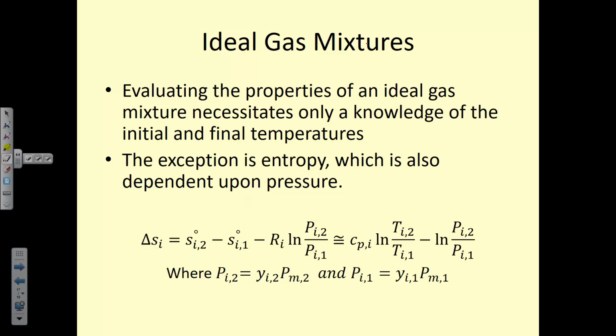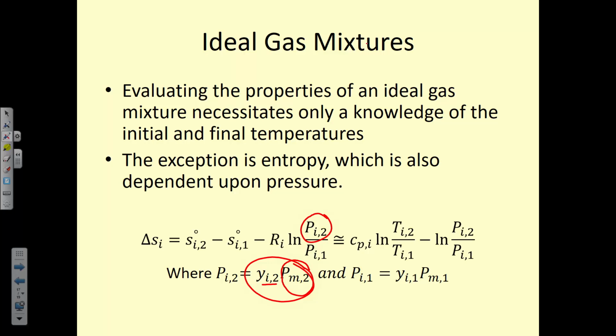But now we use these mass fraction like pressures. So the pressure of this individual gas is equivalent to the mass fraction of the contribution from this individual gas multiplied by the pressure of the total mixture. So if you're given individual pressures of your gases, then you can just plug that in.